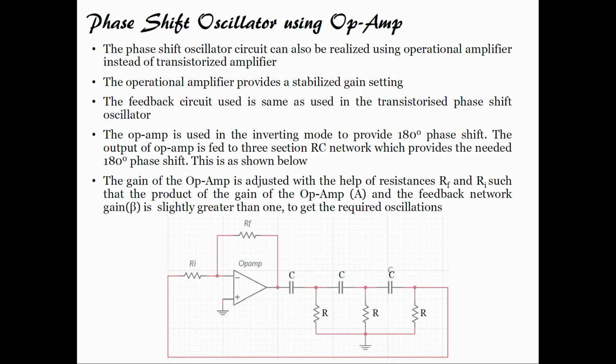That is the use of RC. If the signal is applied to the inverting terminal, I have a 180 degree phase shift at the output. I feed it to the RC feedback circuit and get another 180 degrees. So 180 plus 180 is 360 degrees, and some part of the signal is fed back to the input to sustain the oscillations.